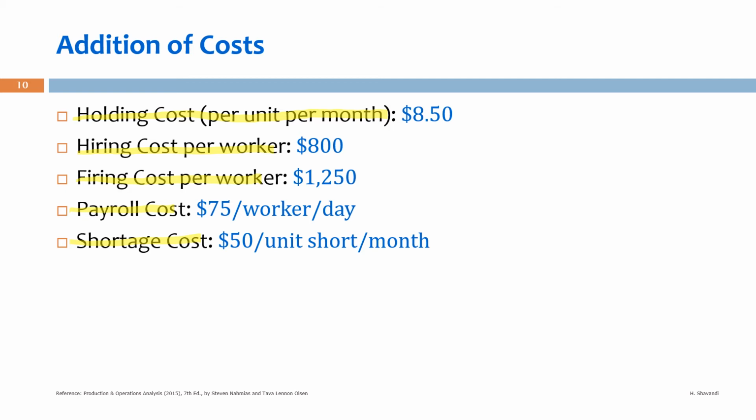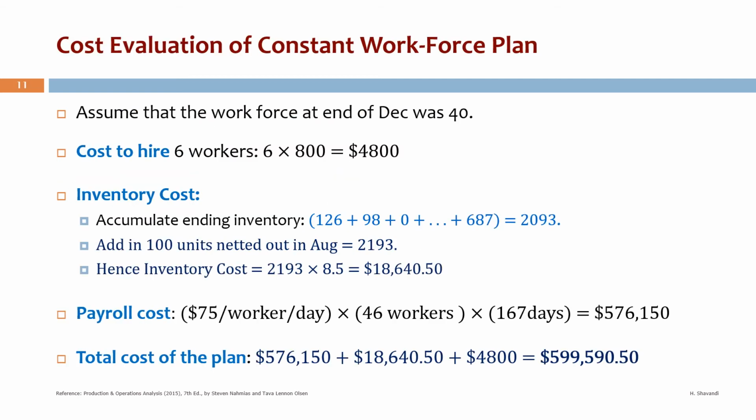Okay, so by having these parameters, now we can easily calculate the costs of the constant level of workforce plan. Here we assume that at the end of December we have 40 workers.